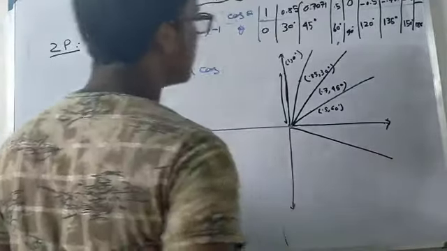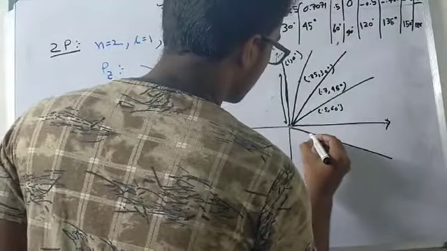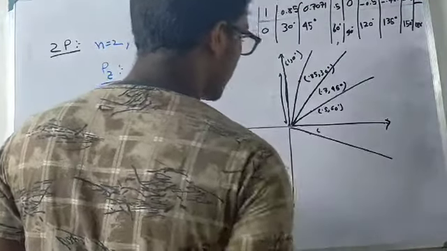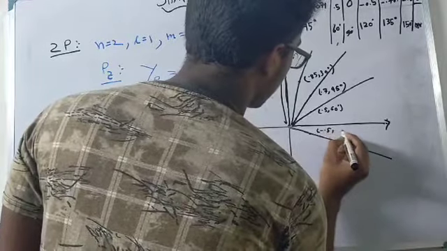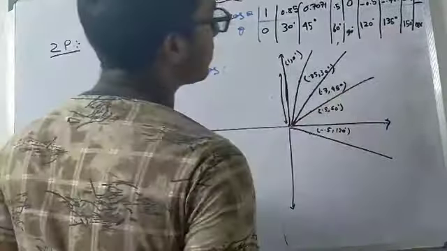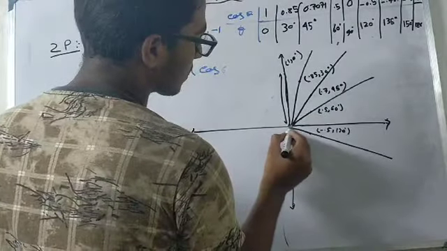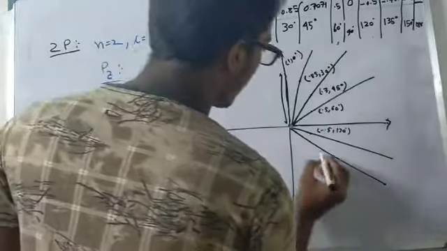Let's say this is the 120 degree point, so the value is 0.5, so let's say this is minus 0.5, so minus 0.5 comma 120 degree, then my angle is 135 and my value is 0.7.